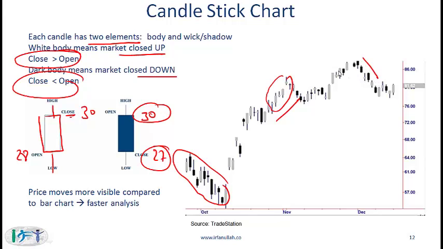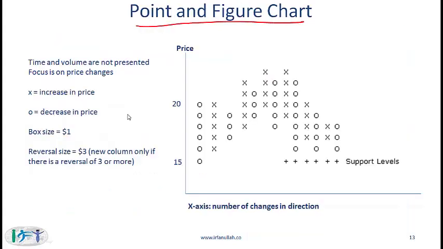As with the earlier 2 pictures or charts, you have price on the y-axis and time on the x-axis. Price moves are more visible compared to the bar chart, which is why the analysis of a candlestick chart is faster and somewhat easier.